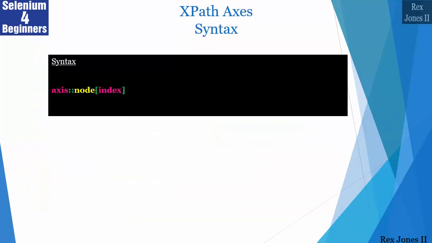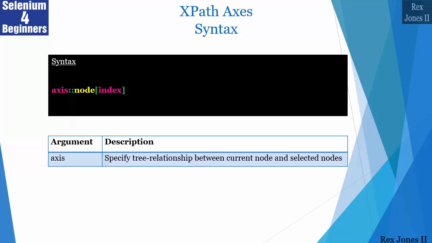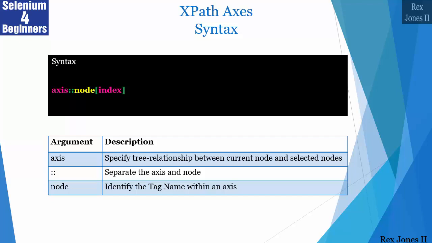Here is the syntax for an XPath axis. Axis specifies the tree relationship between current node and selected nodes. The 2 colons separate an axis and node. The node identifies the tag name, and index is not required.